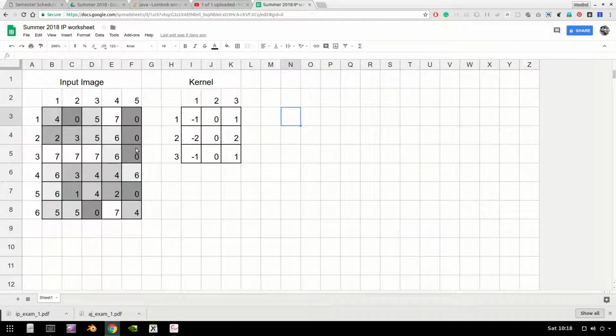So how do we convolute this? I mean, for this pixel, this is not so difficult, right? We know exactly how to do it. So let us start with that then. And let me put the numbers first. So 5 over here.